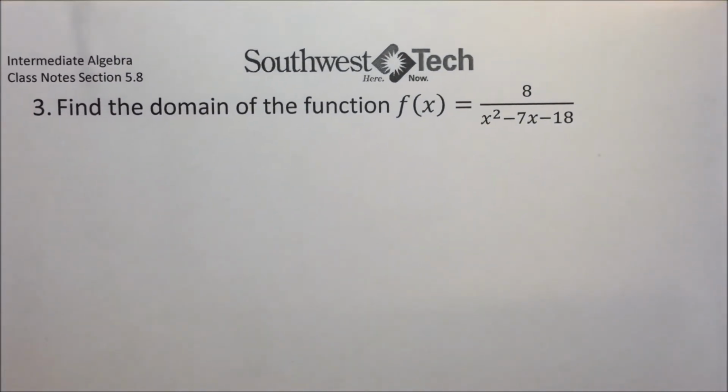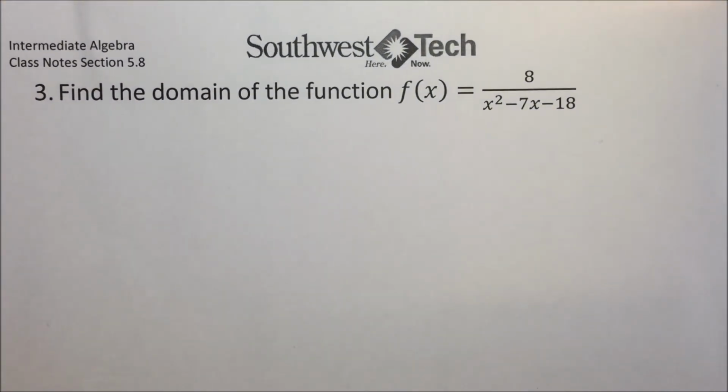In this next example, they're asking us to find the domain of the function f of x defined as given. When we're solving problems like this, the domain of the function is the set of all values for which f of x is a real number.